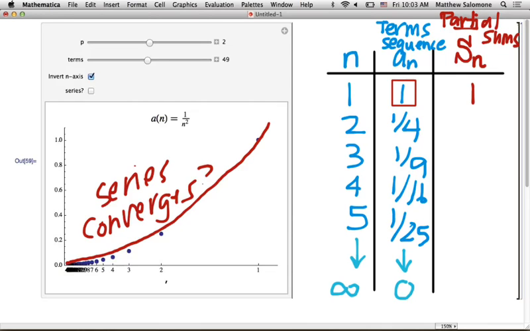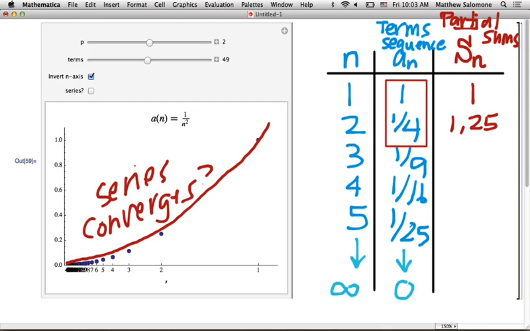It's 1. What about the second partial sum? We're going to add the first 2 terms of this sequence together, and I'll get 5/4, which we should probably get a decimal for. I'm not a huge believer in decimals, but it's going to make this question a little easier to answer. So 1.25 is our partial sum S2.